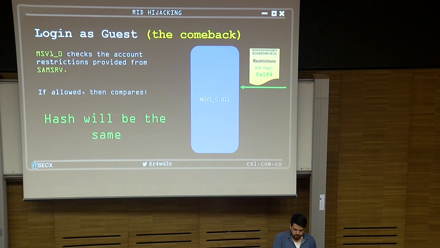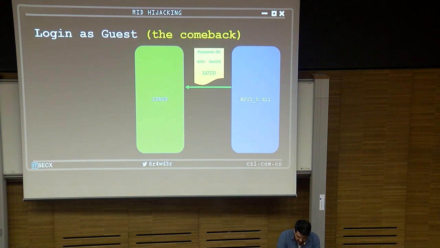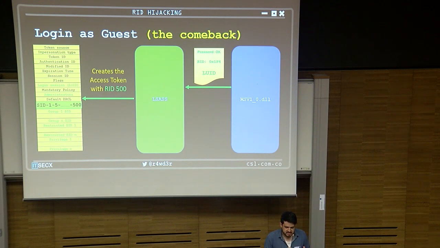So MSV will compare the cached version of the entered password hash and the hash retrieved from the SAM. The password will be the same. Now that everything is OK, the authentication package retrieves the logon information to the LSASS, and then the LSASS communicates with the security reference monitor to create the access token based on this modified RID copy.